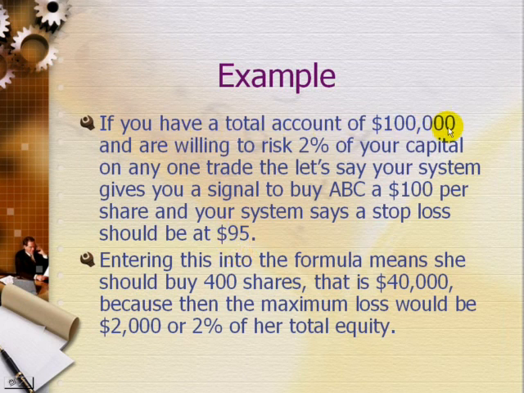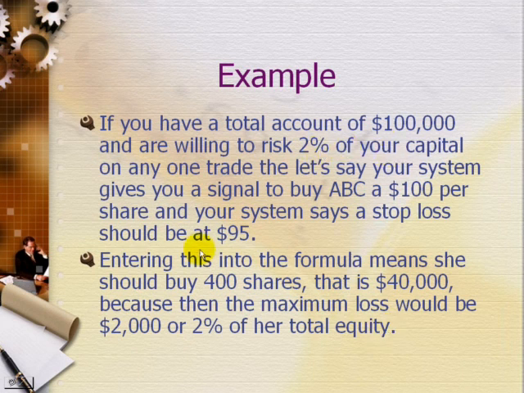Well, let's have a look at it. Let's look at a specific example. If you have a total account of $100,000 and you're willing to risk 2% of your capital on any one trade, then let's say your system gives you a signal to buy ABC, $100 per share, and your system says a stop loss should be at $95. Entering this into the formula means that the trader should buy 400 shares, that is $40,000, because then the maximum loss would be $2,000, or 2% of her total equity.